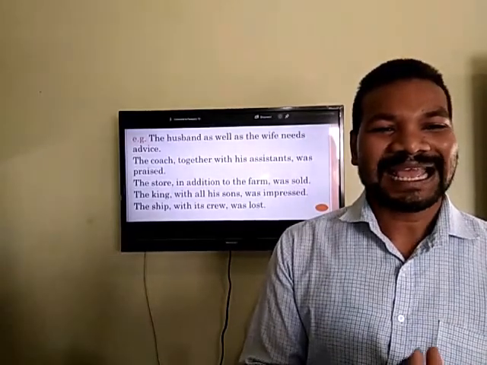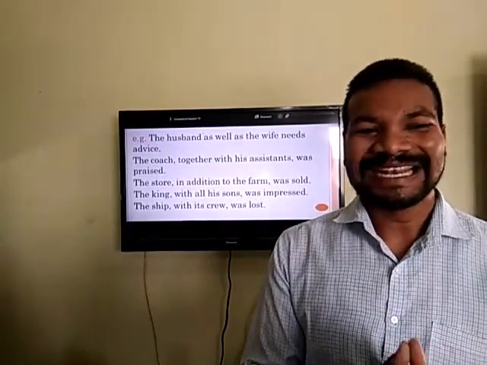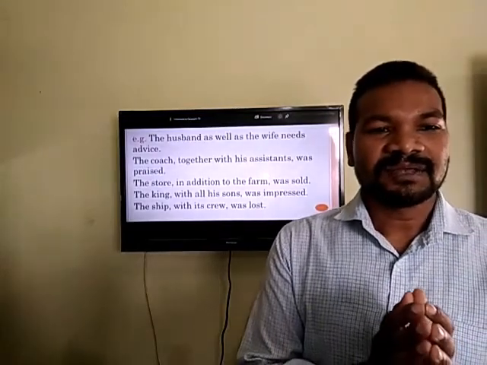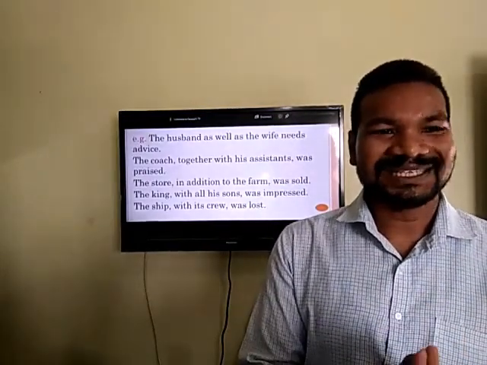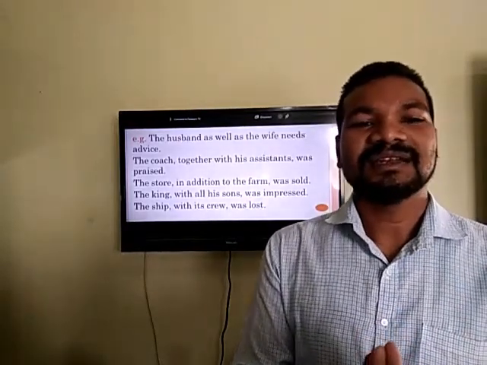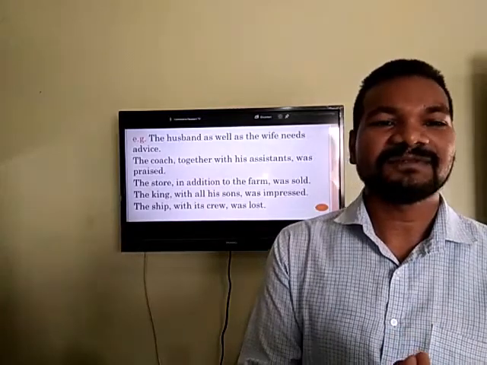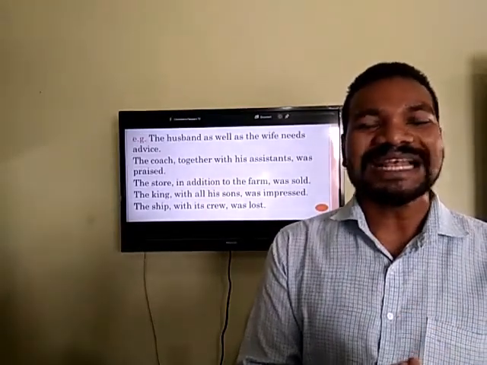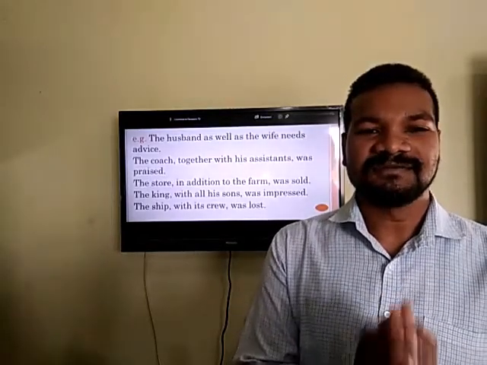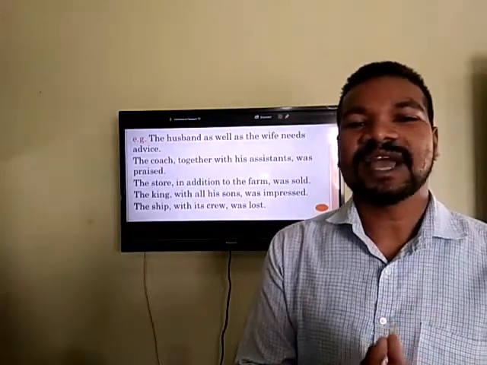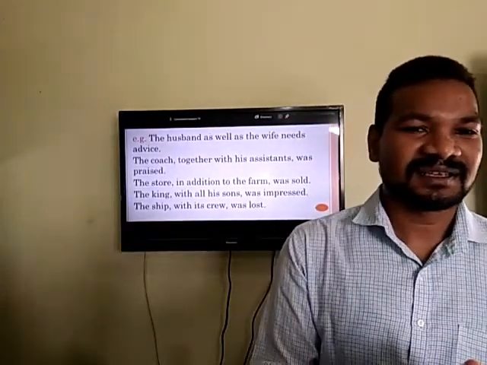The husband as well as the wife needs advice. The main subject is the husband, together with his wife. So therefore we need to focus on the main subject and accordingly use the singular verb.